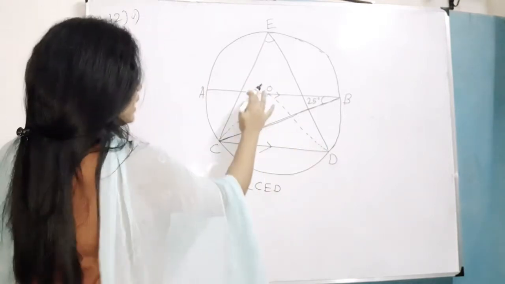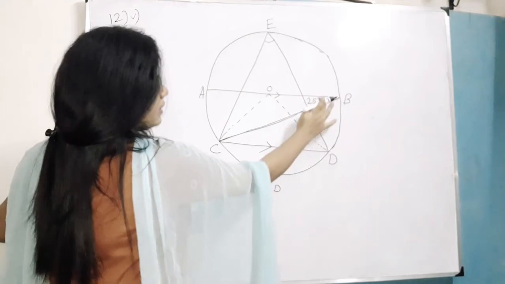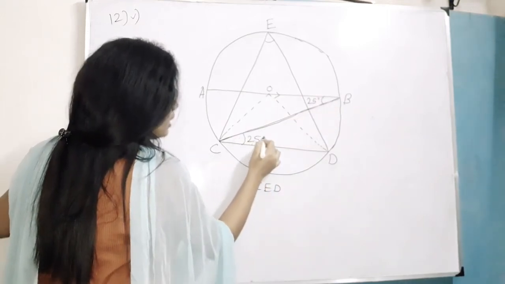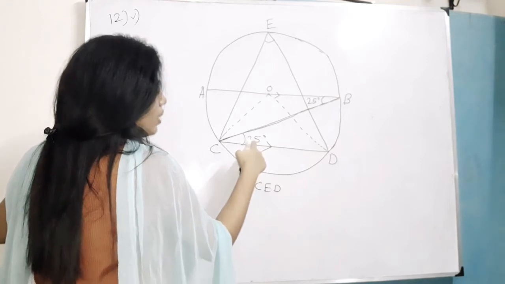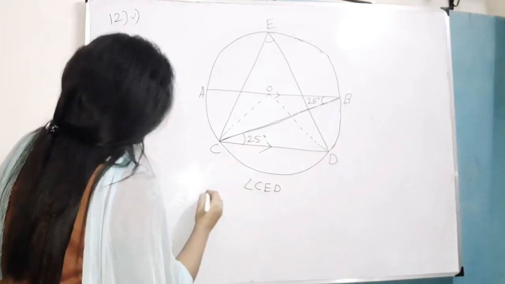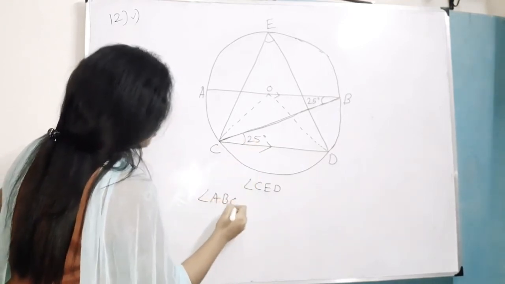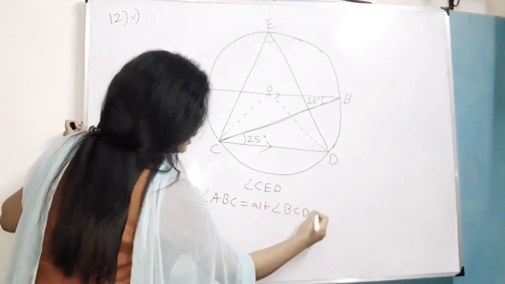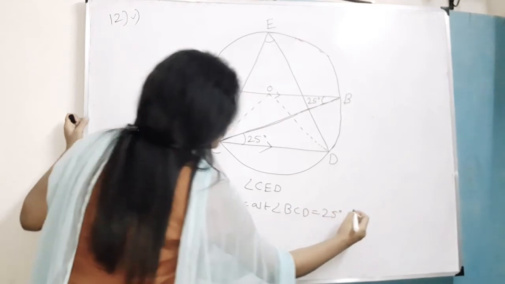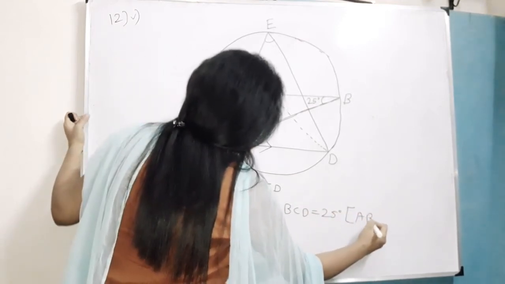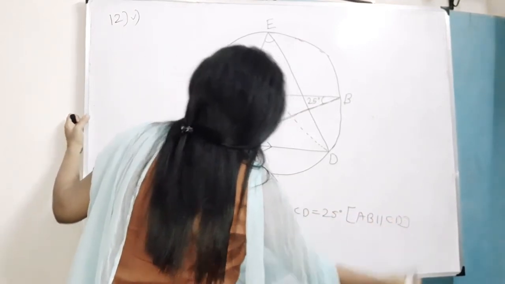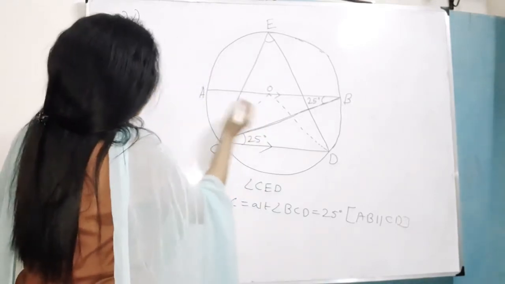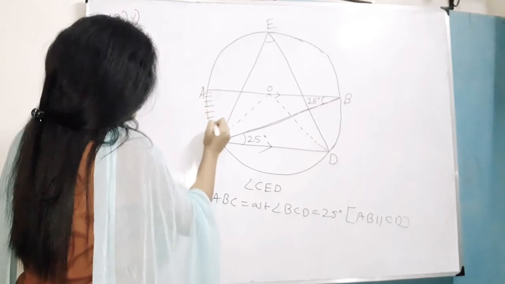Now if these two lines are parallel and this one is 25 degrees, we can say both of them are alternate angles. So this one will also be 25 degrees. I am writing here that angle ABC equals alternate angle BCD equals 25 degrees since AB is parallel to CD. Now observe one thing properly, take the arc AC.